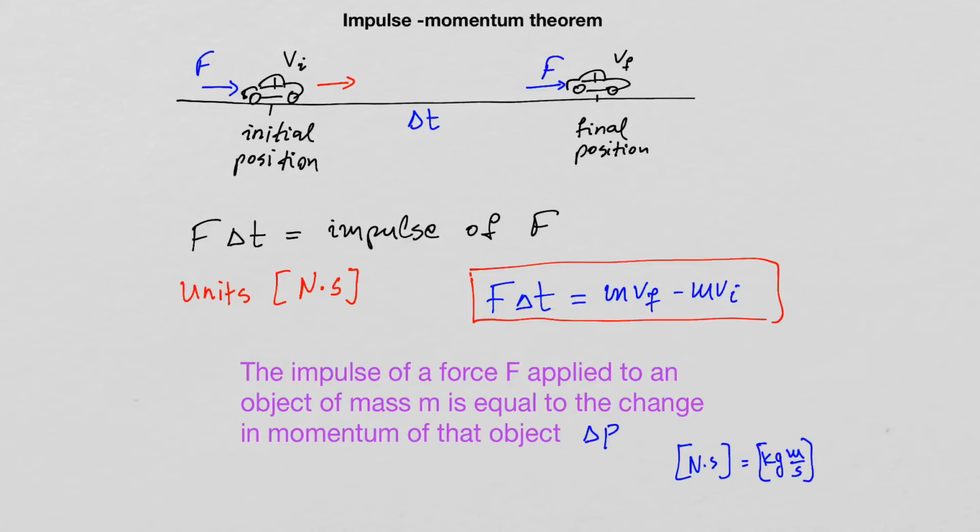So what are the applications of the impulse momentum theorem? Well, the first application is that if we know the change in momentum of a moving object and the time interval that it took for that change to take place, the force that was applied to the object can be calculated.